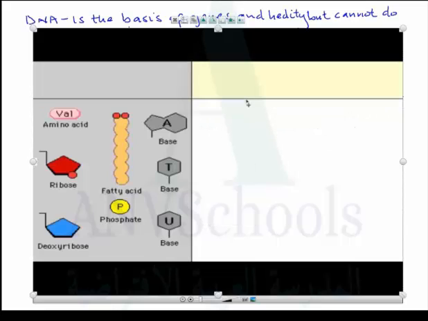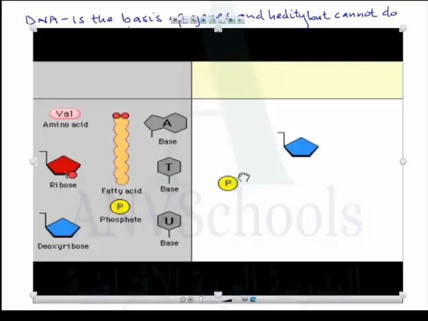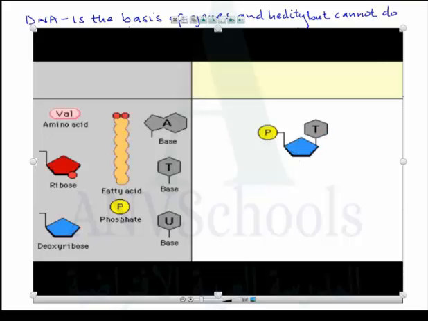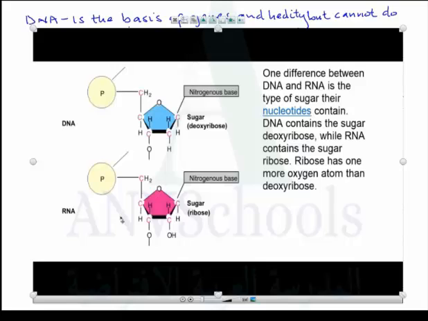The sugar can be ribose or deoxyribose. It is deoxyribose in DNA and ribose in RNA. As you arrange them, you can tell that you can choose the correct one for DNA and RNA depending on the sugar.